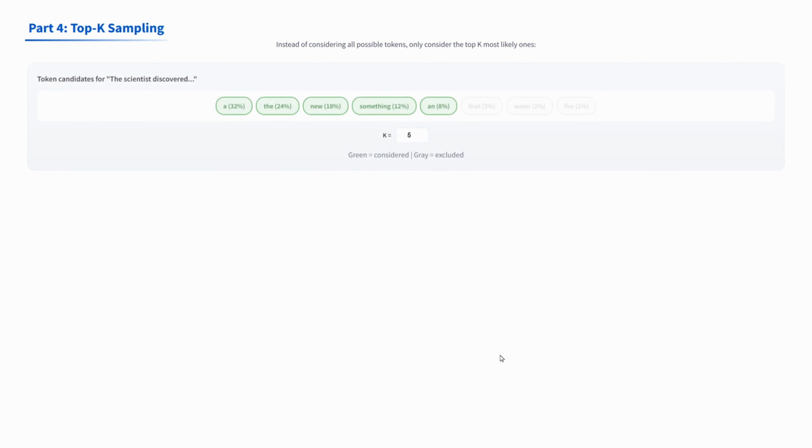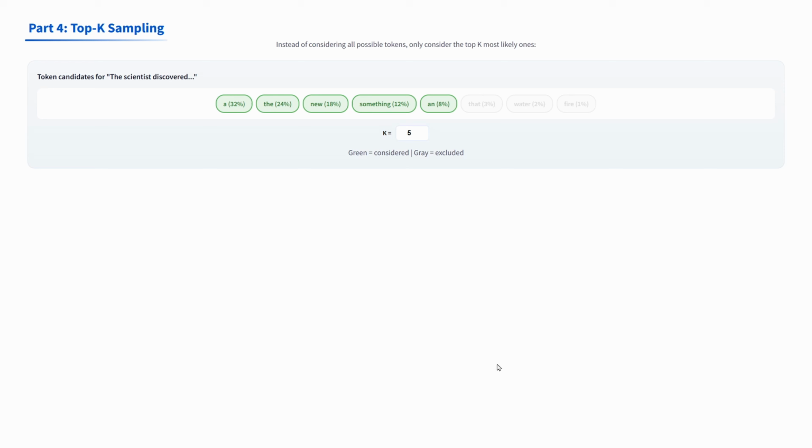Temperature isn't the only control. Top K is another important one. Instead of considering all possible tokens, you only consider the K most likely ones. Look at the visualization. We are predicting what comes after "the scientists discovered."